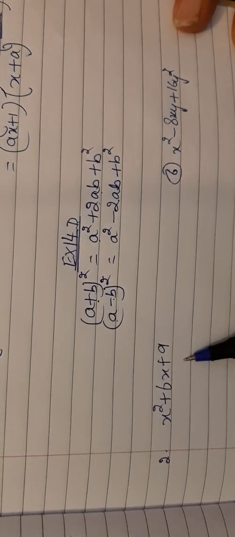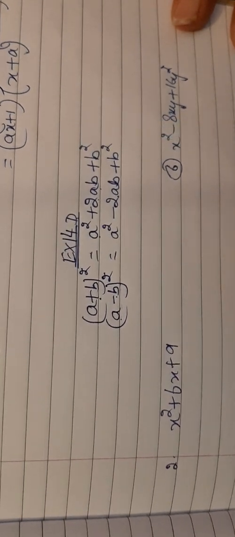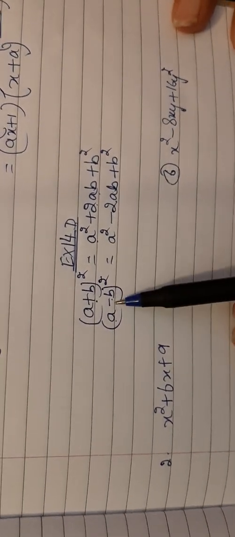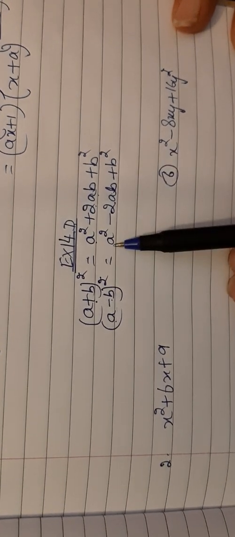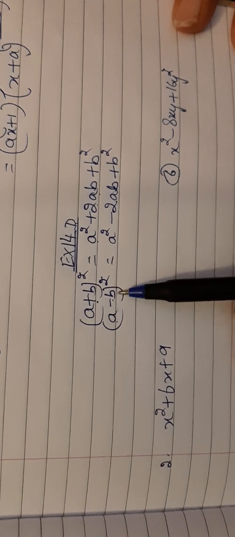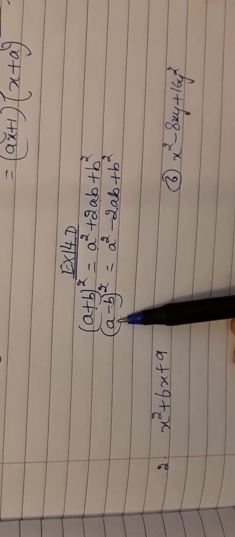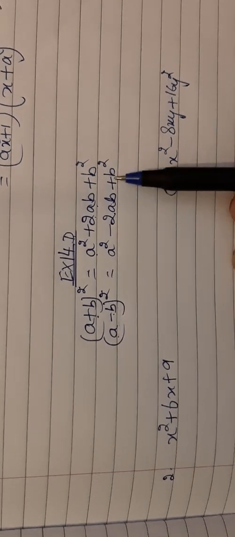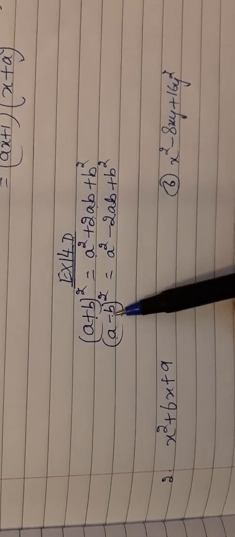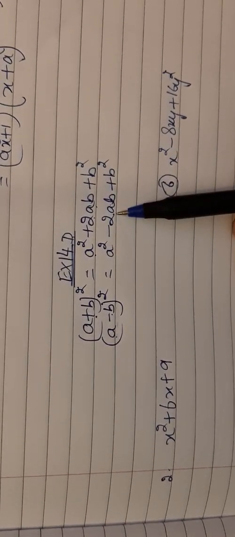But in this exercise 14D, we are going to move from the right hand side to the left hand side. Right hand side is given to you and you have to find the left hand side. So if you are going to expand a minus b whole square, this is the product. It means you are doing multiplication.